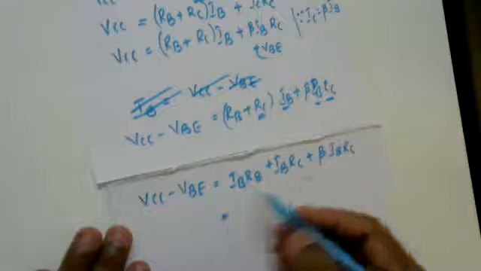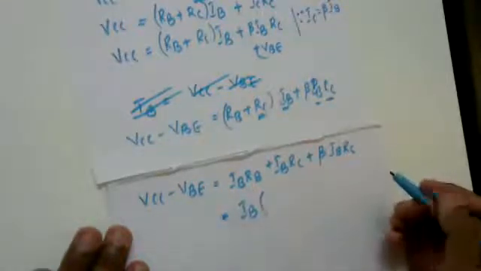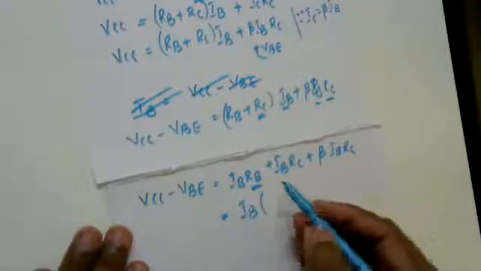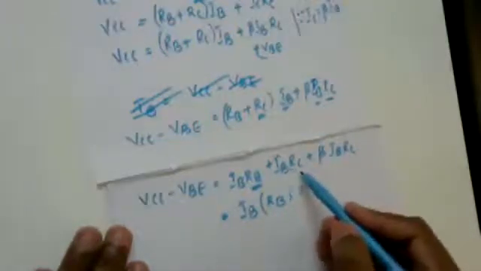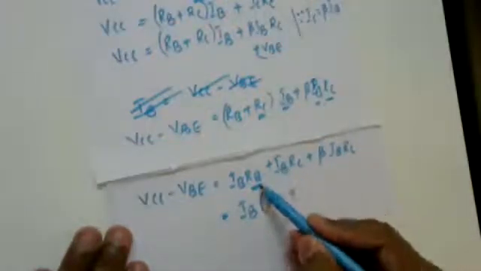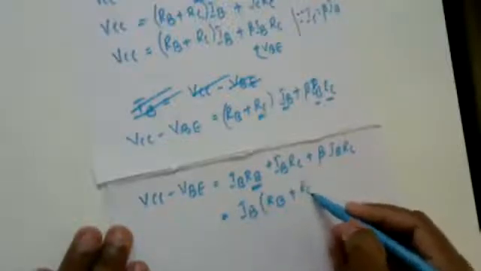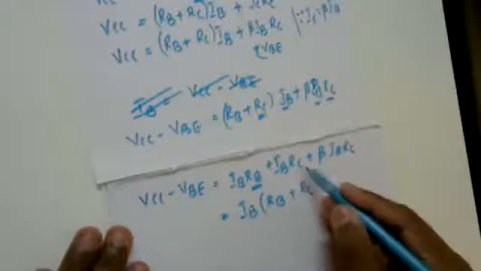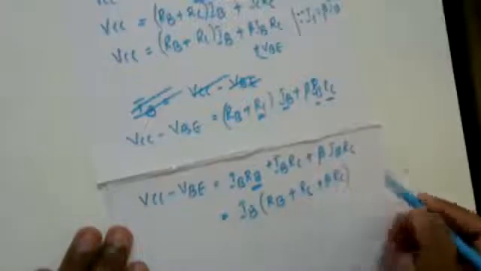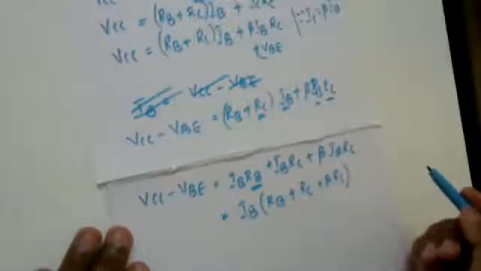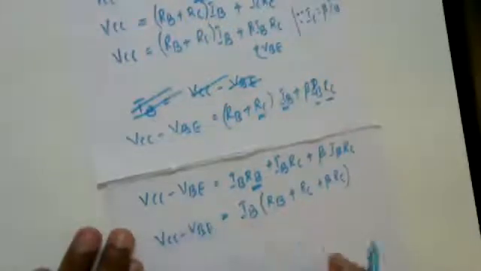So in this equation, if I take IB common, what will I be getting? Here I am left out with RB plus RC, then beta times RC, since I have taken IB common outside, is equal to VCC minus VBE.